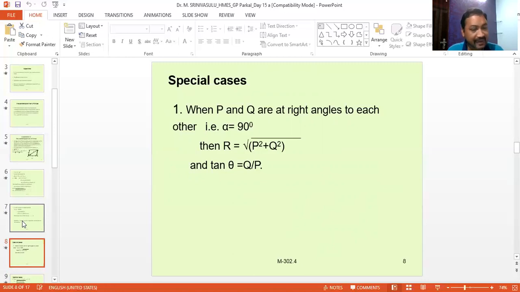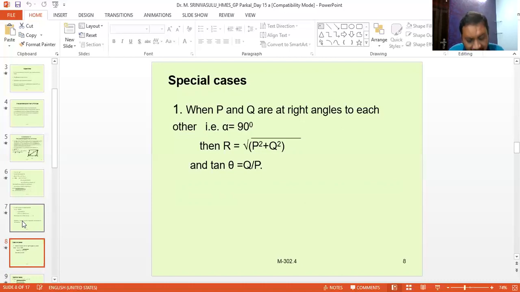According to the Pythagoras theorem, the square of the diagonal is equal to the square of one side plus the square of the other side. One side is P and the other side is Q. So R square is equal to P square plus Q square, or R is equal to under root of P square plus Q square.